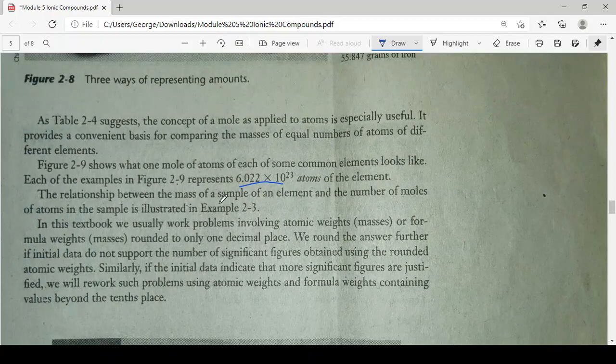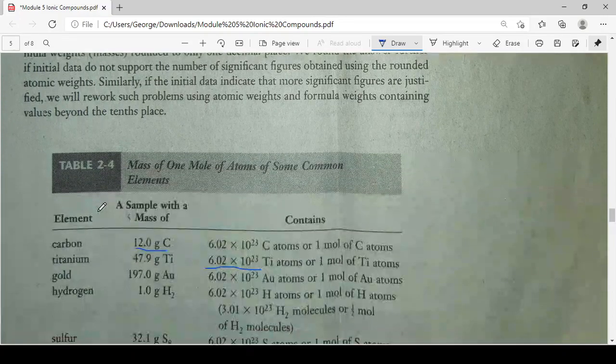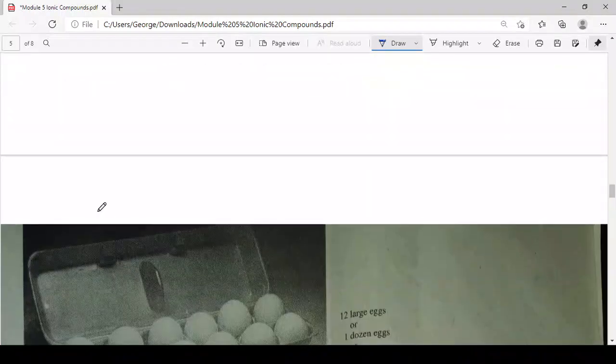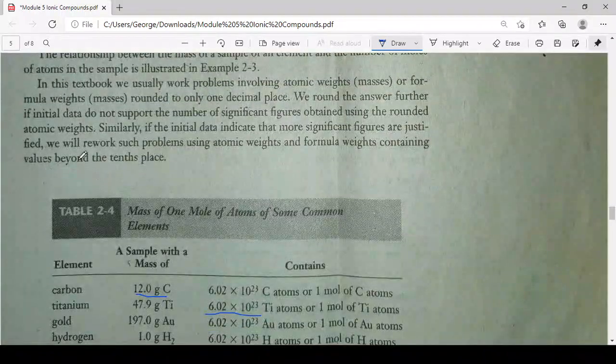The relationship between the mass of a sample of an element and the number of moles of atoms in the sample is illustrated in your example 2.3, which will be shown later.